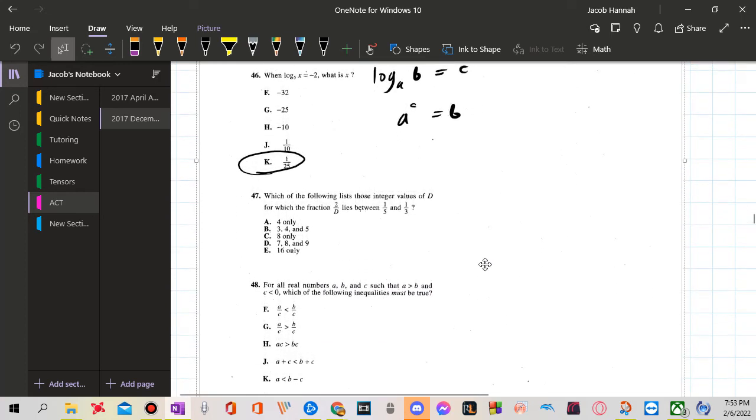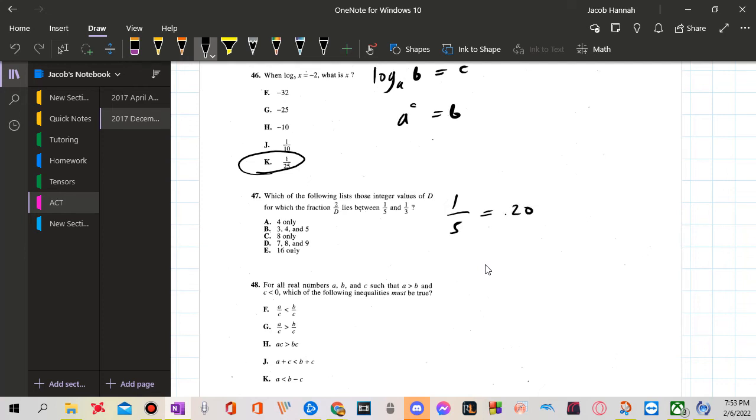Which of the following lists those integer values of d for which the fraction 2 over d lies between 1/5 and 1/3? Alright, so 1/5 equals 0.2, and 1/3 is equal to 0.3 repeating.